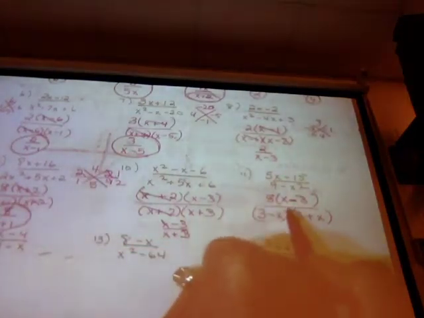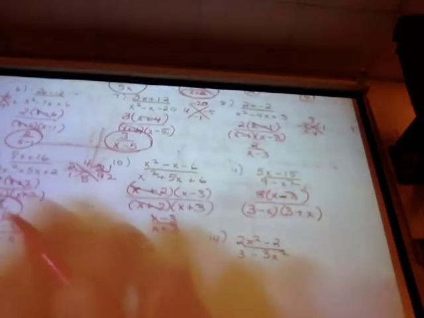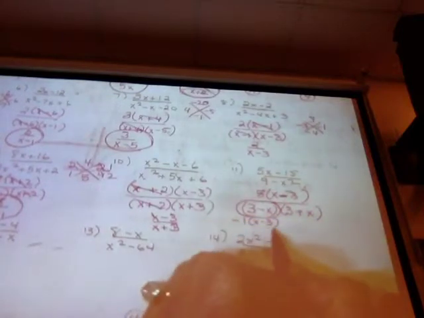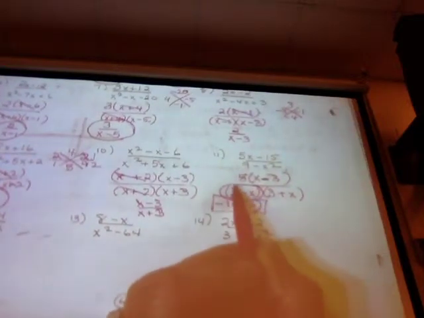However, what I could do is change this around by taking out a negative 1. Isn't this equivalent to that? Because a negative 1 times x is negative x, and a negative 1 times a negative 3 is a positive 3. These are the same thing.